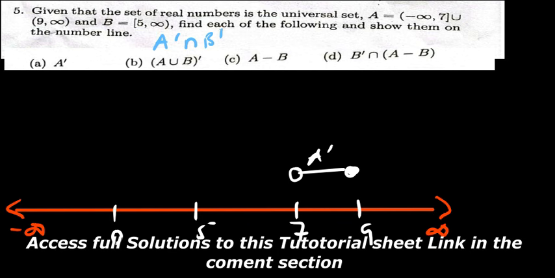What is B complement? B itself is 5 to positive infinity, so the complement is starting from here open going there. So B complement is there. So where they intersect, these two are not meeting, therefore this is the empty set.